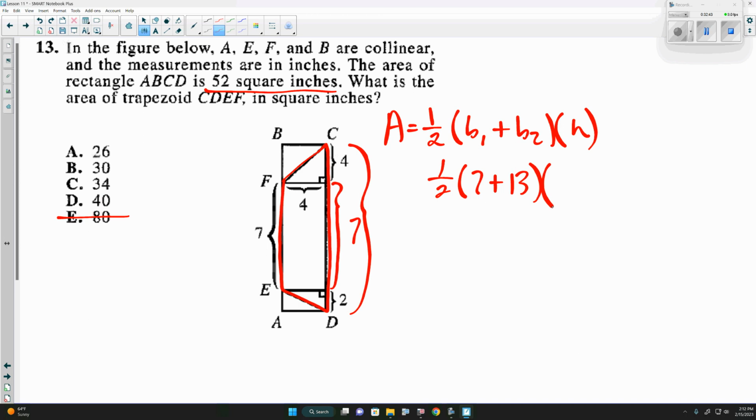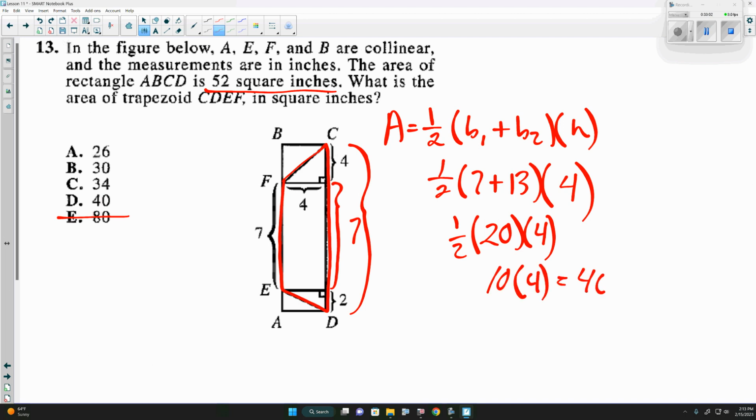And the height is? 7 plus 13 is? 20. So 80, so it's 40, 80. Because half of 20 is? 10 times 4 is? Oh my gosh, the answer is B. Questions on this here?